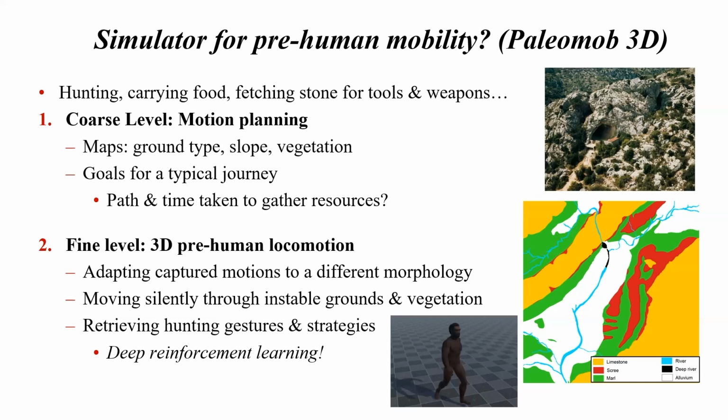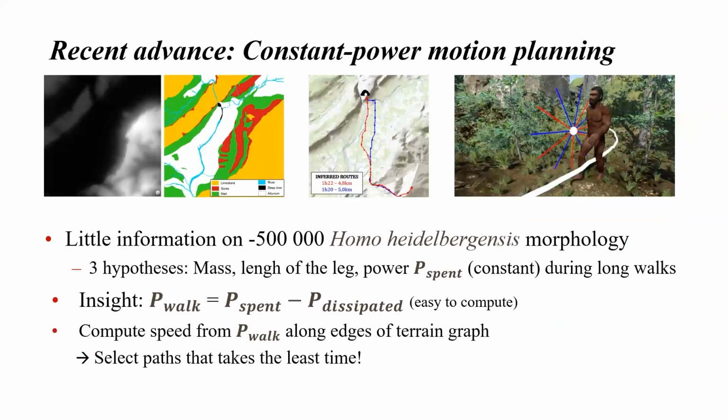So I will not show you results about this, but there is a lot to do because nobody trained a physical model with deep reinforcement learning that needs to infer the muscles to stay in equilibrium and walk over time on a slope and on a muddy terrain and a terrain that moves when you walk on it and through vegetation. But for our first work, what we did was this motion planning. To do this motion planning, in fact, we added a hypothesis, which is to say we suppose that the power spent during these long walks was constant.